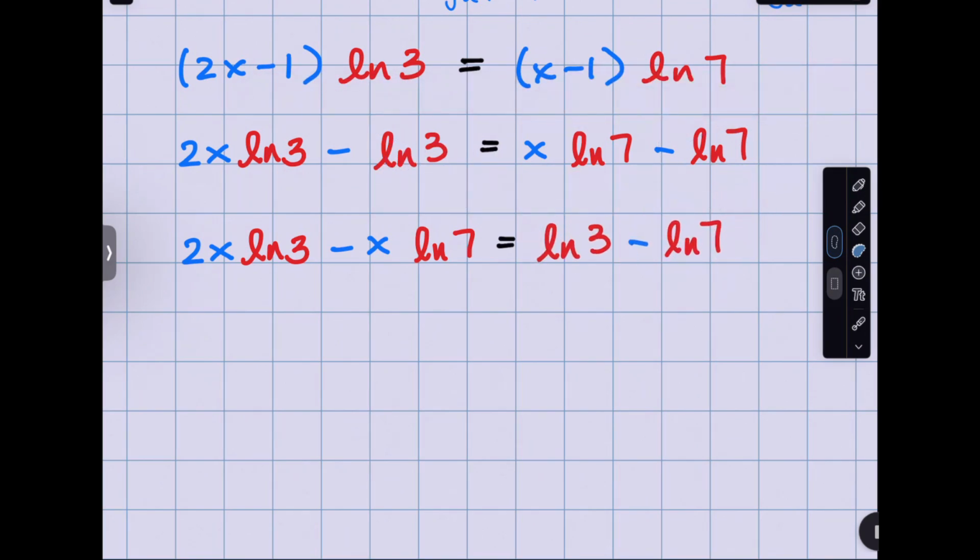So like that. How do I bring this over to the other side? Cool?